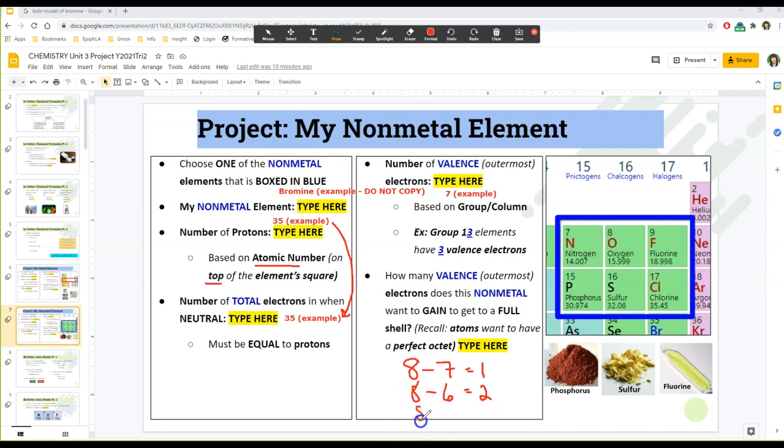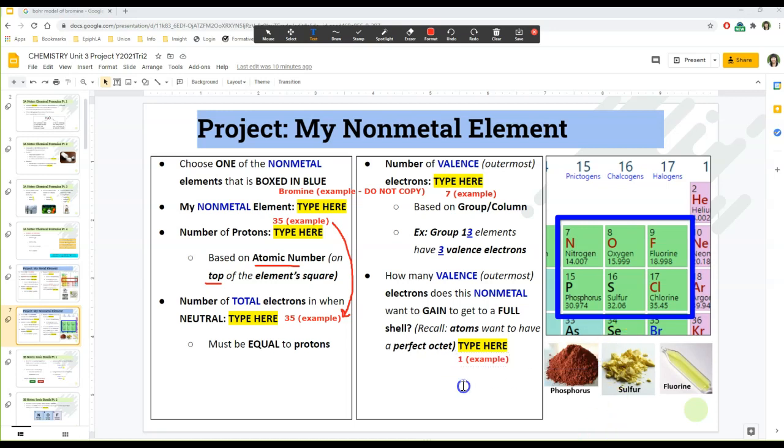And if you are in group 15, that means that you currently have 5 valence electrons. Getting rid of those 5, you need 3 more to get to 8. All right, so that should help you out with that. I'm going to go ahead and erase that for now. Again, it's just subtraction. Take your 8, subtract what you have, and that will tell you what else you need. And so for my example, I need 1 more.